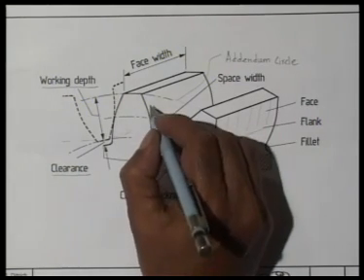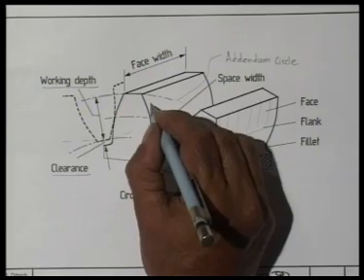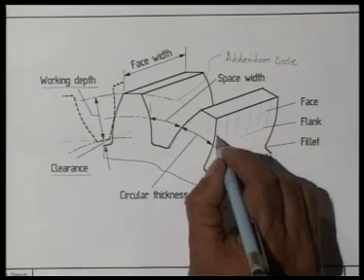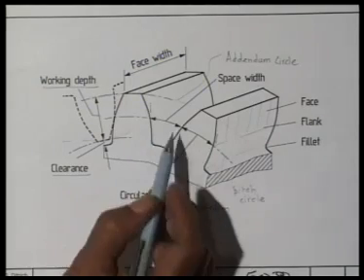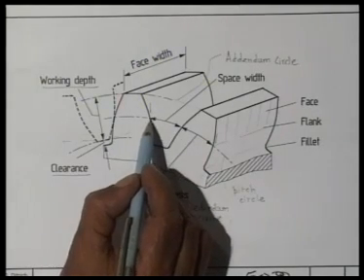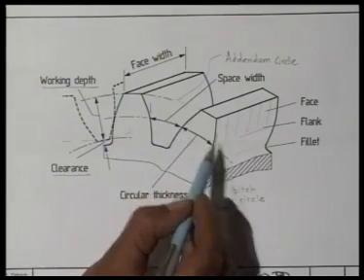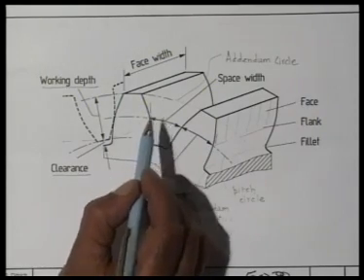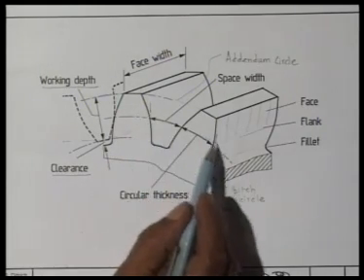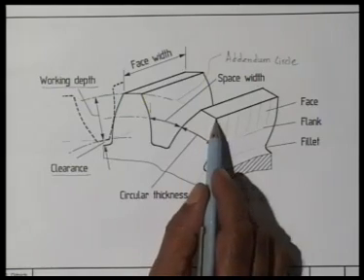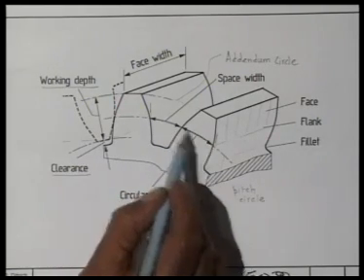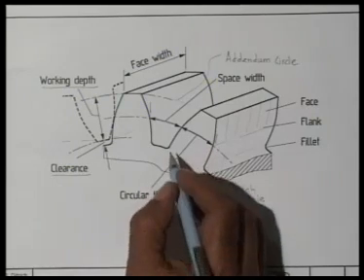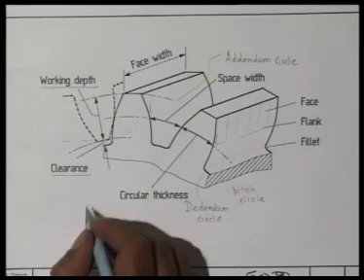If we measure the distance along the identical points of two adjacent teeth of the same gear, measured along the pitch circle, that is from here to there. This is one point on this tooth, I go to the identical point of the next tooth, that is here, then this distance measured along the pitch circle is called circular pitch.